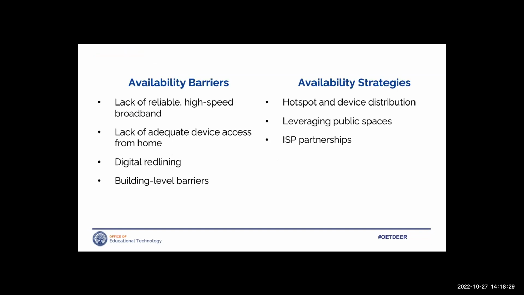Some of the availability barriers include a lack of reliable high-speed broadband internet service with sufficient speed or bandwidth to support learning from home in one's area. And we know that this affects many students of color, students from low-income families, and students in rural areas. Another barrier is a lack of reliable ownership of a personal device from home.